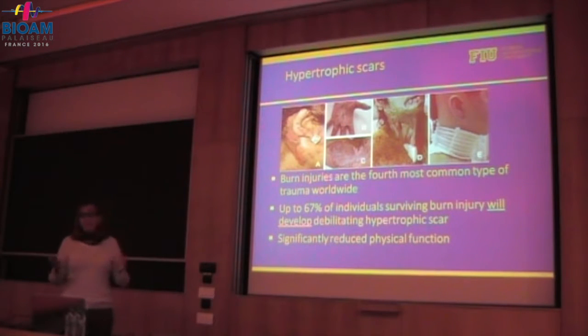Then again, if you have a devastating effect such as a burn injury, the anisotropy of collagen will show up in grand ways. These are examples of hypertrophic scars caused by burn injury, where up to 67% of individuals with severe burn injury will develop hypertrophic scar.